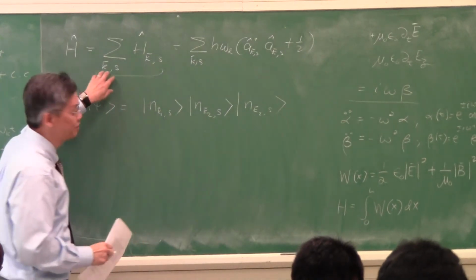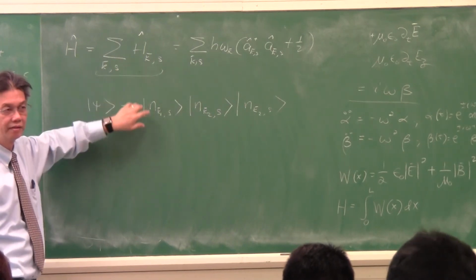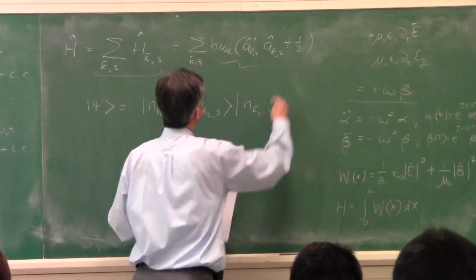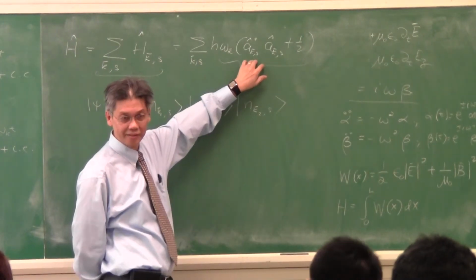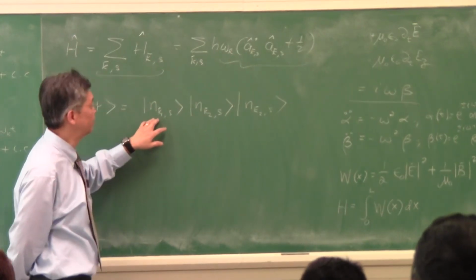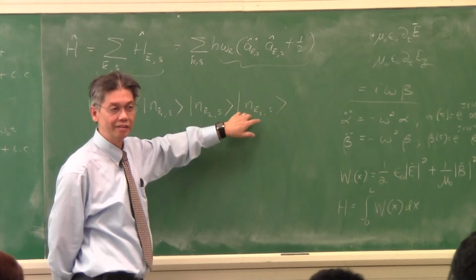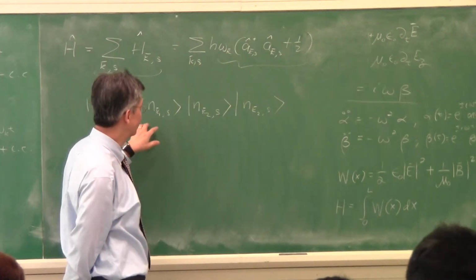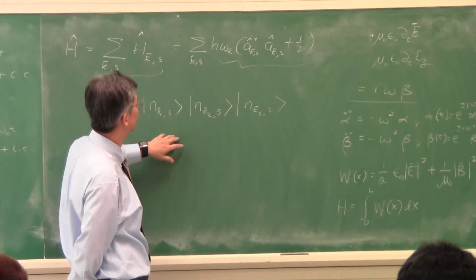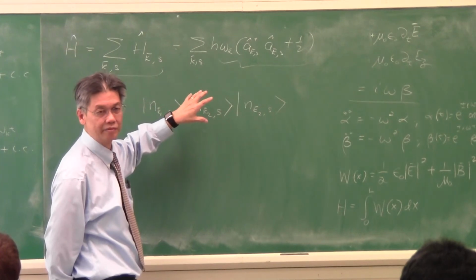Because these are sums of Hamiltonians, each Hamiltonian has its own eigenstate. If you were to fix k and look at this, it has its own eigenvalue and eigenstate. The eigenstate of the first we can call this. The eigenstate of the second case we can call this. The eigenstate of the third case we can call this. And these are called the product state. Okay, these are the product states, and they become the eigenstate of the sum of Hamiltonians.